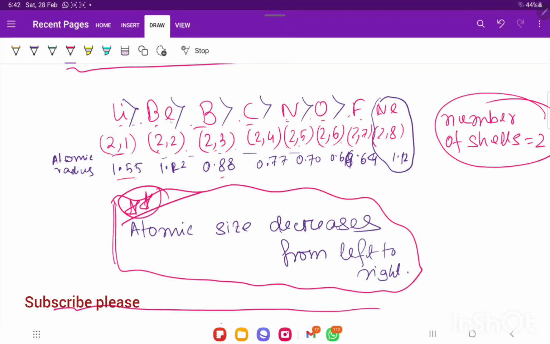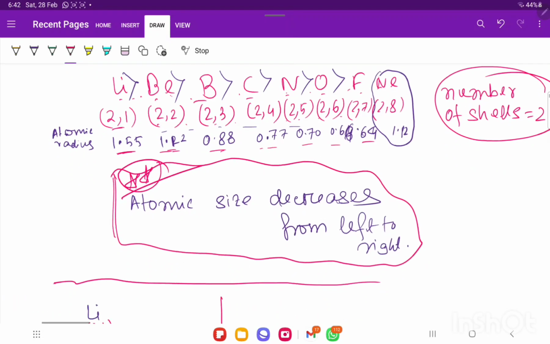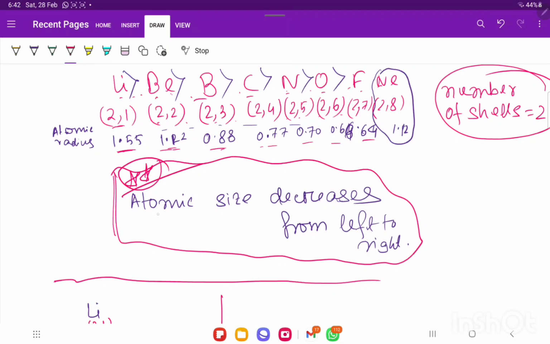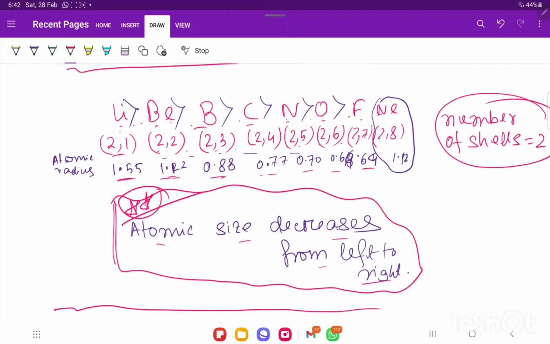Here you see the atomic radius 1.55, then 1.12, 0.88, and then 0.77, 0.70, 0.64. So what we are getting is that atomic size decreases from left to right.